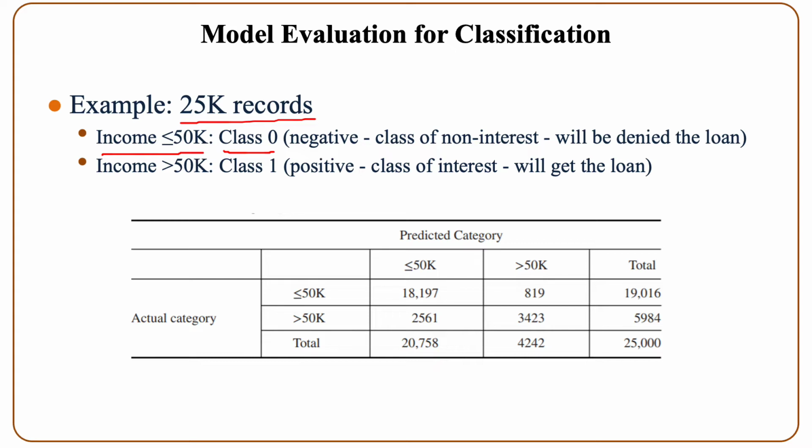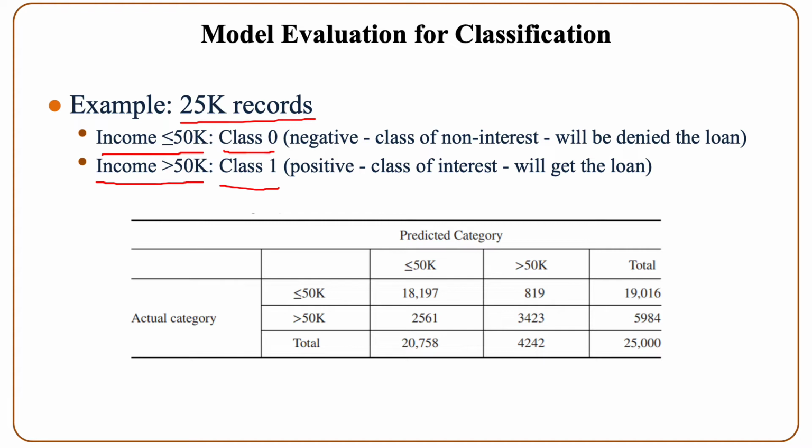Loan applications in this class will be denied the loan. The second class is for income greater than 50,000. This is class 1. We call this the positive class because this is a class of interest. Loan applications in this class will get a loan.